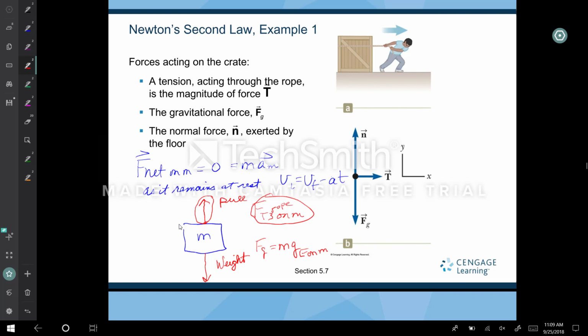If we are paying close attention to the magnitude of a vector, its length is proportionate to its magnitude, you'll notice that those arrows have approximately the same length, as they should. So if I choose up to be positive, I can write that F sub y is 0 equals positive FT3 minus mg.